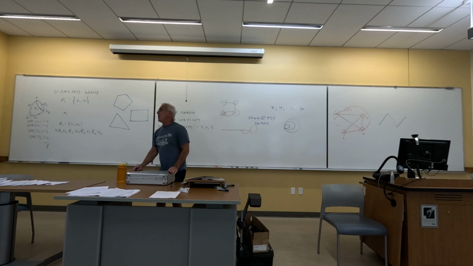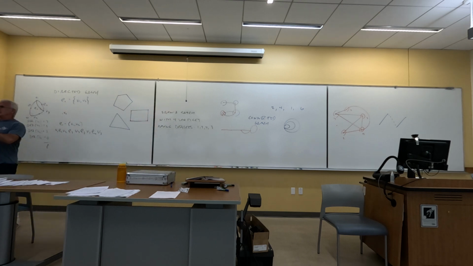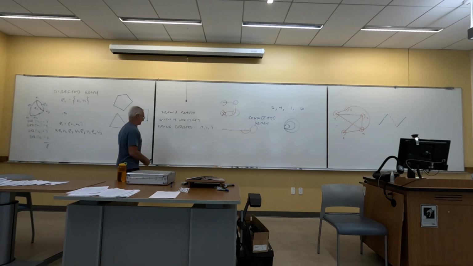Now, the most important type of circuit would be a circuit that hits everything, but hopefully doesn't repeat things. Now think about this logically. I want to hit everything but not repeat things.